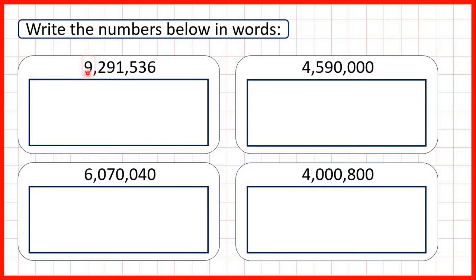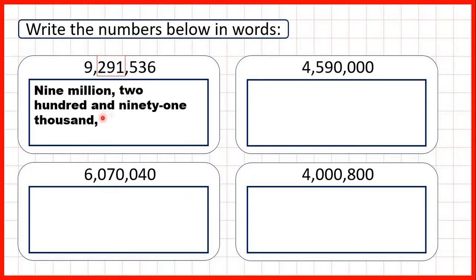So first, we can look at the digit written before the first comma. We have a 9, so we can write 9 million. Then we look at the 3 digits between the commas or spaces. We have 291, so we have 291,000, because remember, the thousands digit comes before the second comma.